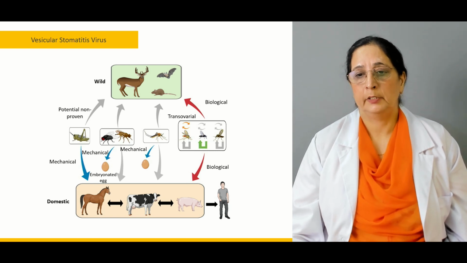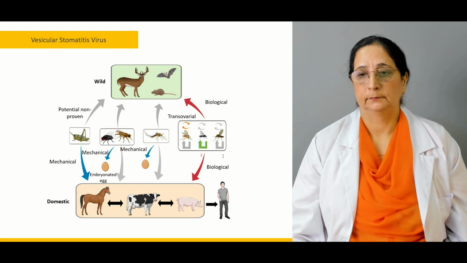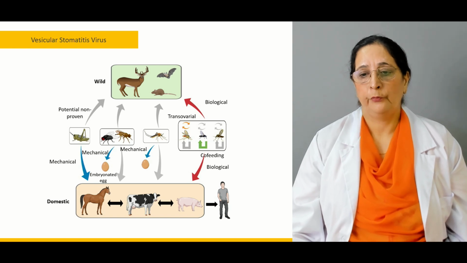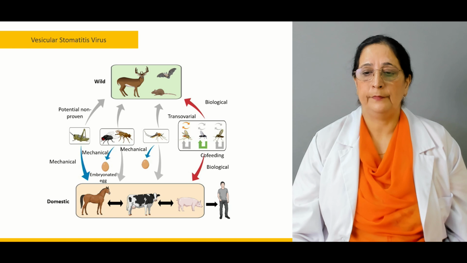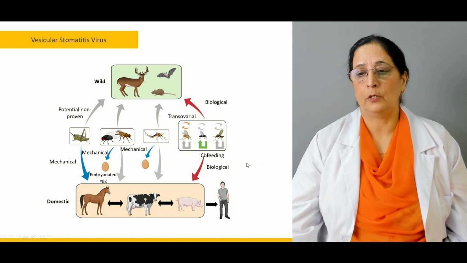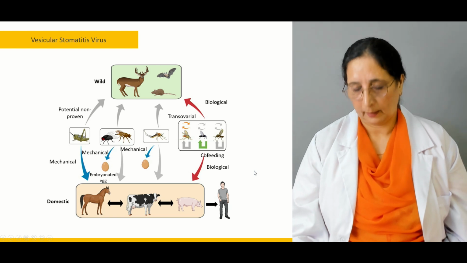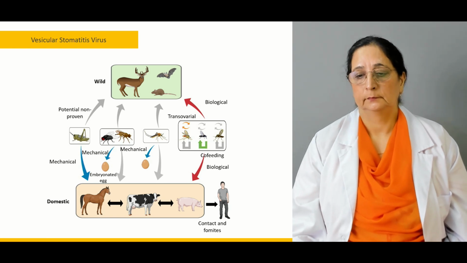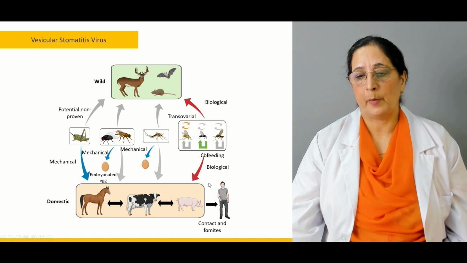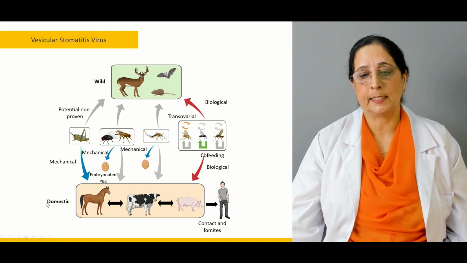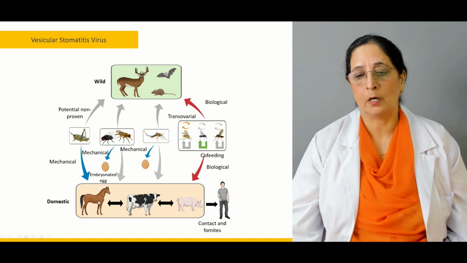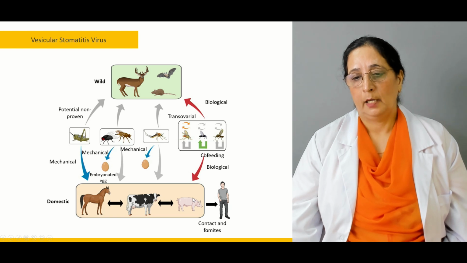Transovarial also through the ova. Co-feeding is one of the biological types that cause infection. Contact and fomites: these domestic animals, we have horses, cows, and pigs.